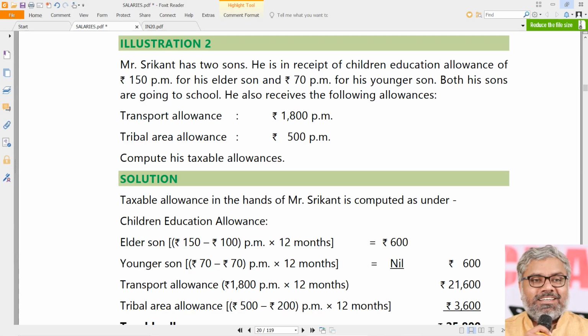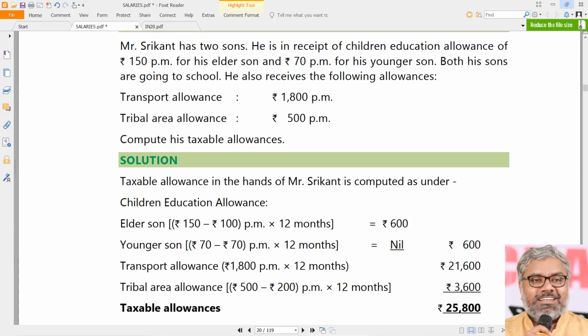So first elder son, 150 per month if the allowance is given for him, not to him, for him. 100 rupees is exempt. So 50 per month is taxable. So 50 into 12, that is 600 rupees is taxable in respect of the education allowance received for the elder son.